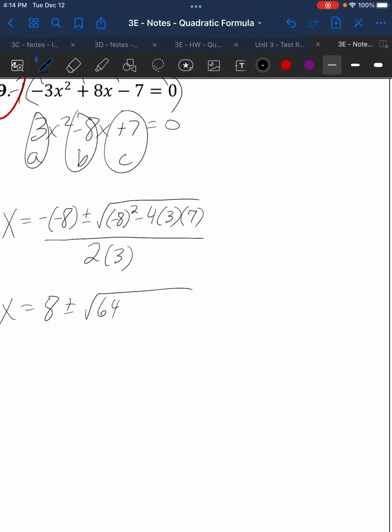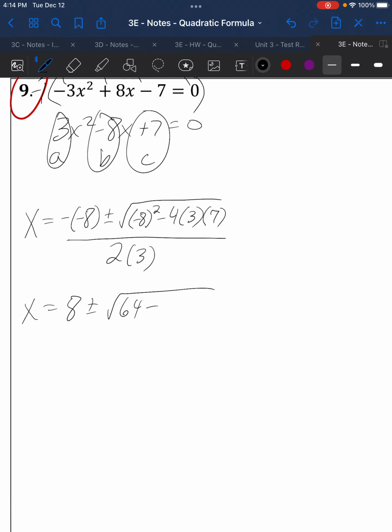Oh, probably should take this other stuff out. 84. That's what I thought eventually. So it's 1, subtract 1 negative, so it's going to be 1. So minus 84. And 2 times 3 is 6. 64 minus 84 is a negative 20. Divided by 6.